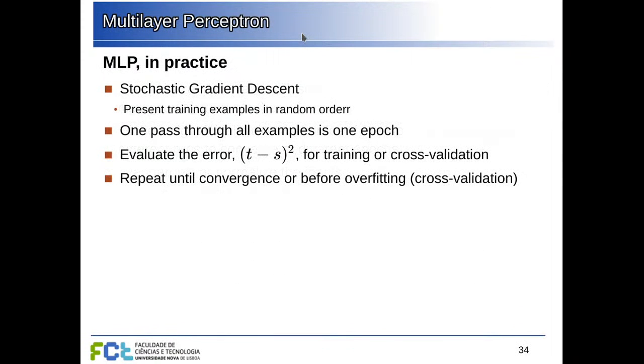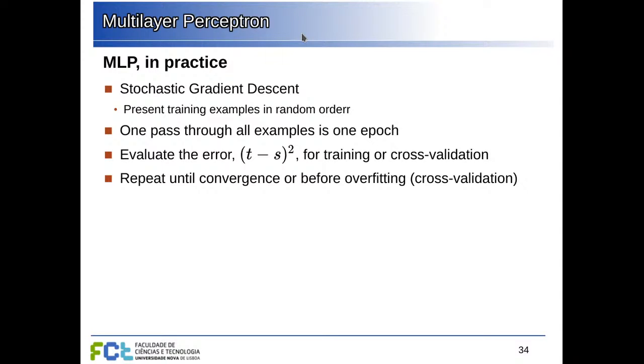And then we do this stochastic gradient descent, so we present the examples in random order and we descend the gradient by looking at those derivatives for all these examples or for the batches. We can evaluate the error, for example, for training, for cross-validation, and so on. We can optimize some parameters or architectures, do the same things that we do with different classifiers.